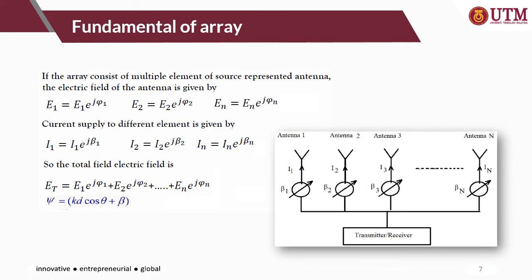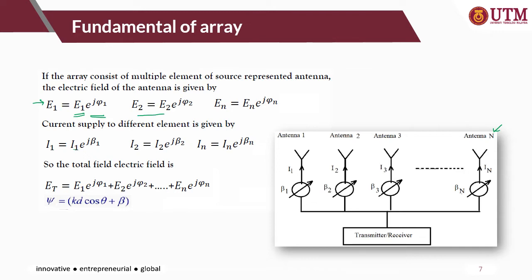So if you have more than one element, antenna 1 up to antenna n, the field or radiation produced by the first antenna is given by E1 equal to E1, the magnitude of the fields from antenna 1 multiplied with the phase factor.